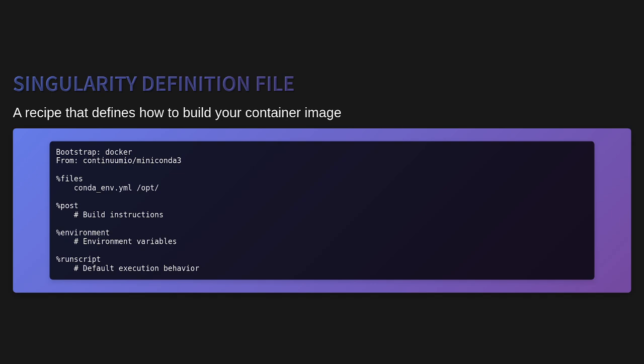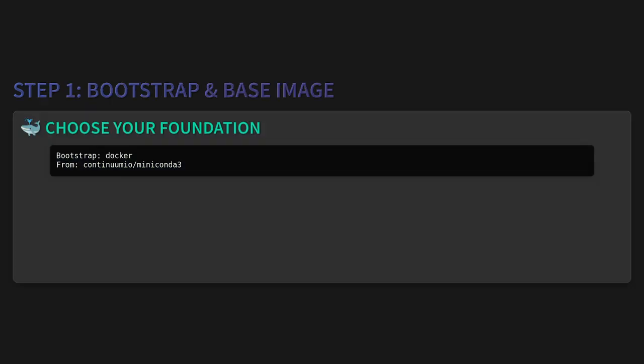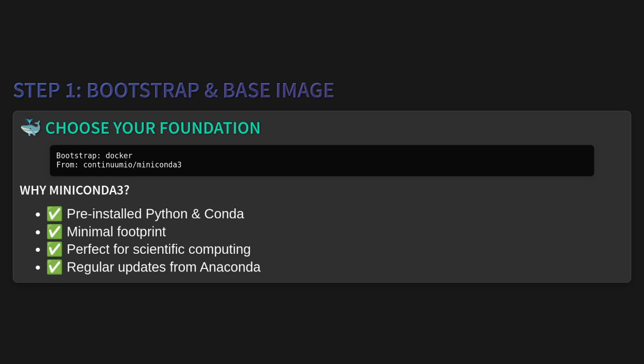Now I will give you more details on it. The structure is as I mentioned, but here the first two lines say from which hub we want to take the image, and most of the time you take it from Docker, where you just have the name of the image.